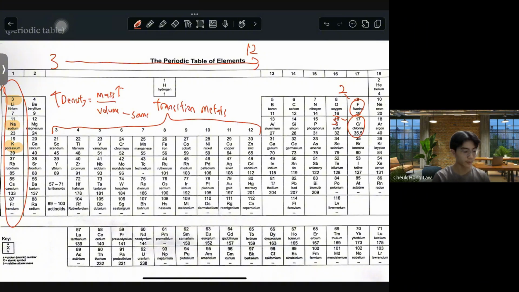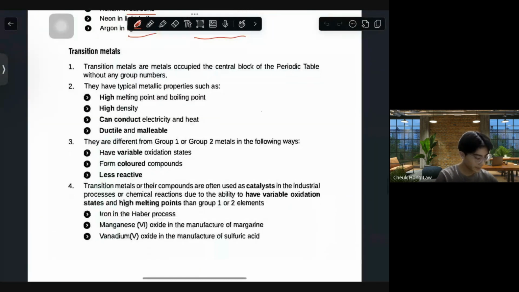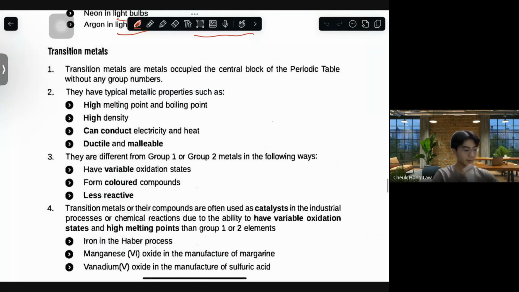They are metals also, so they'll have typical metallic properties such as high melting and boiling point, high density, can conduct electricity and heat, and are ductile and malleable.